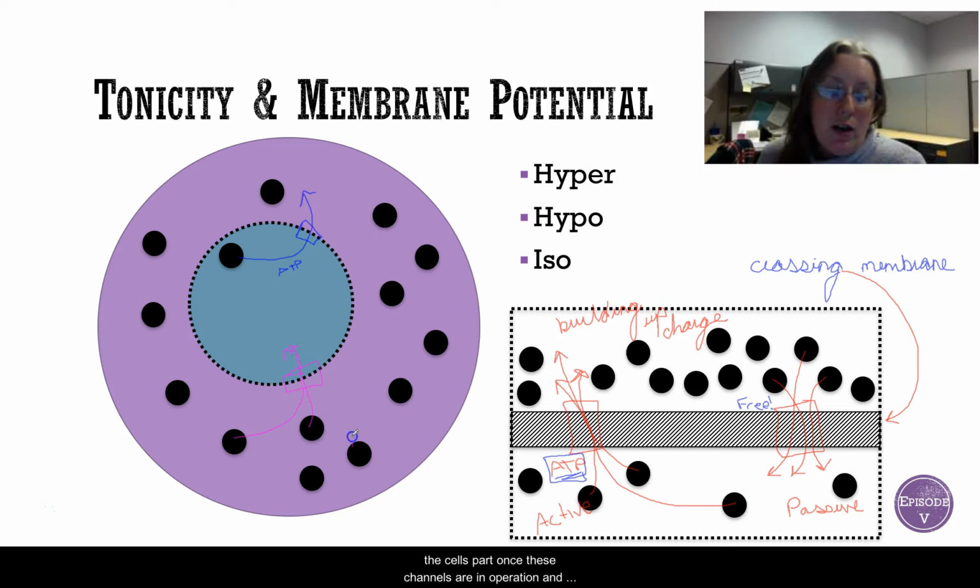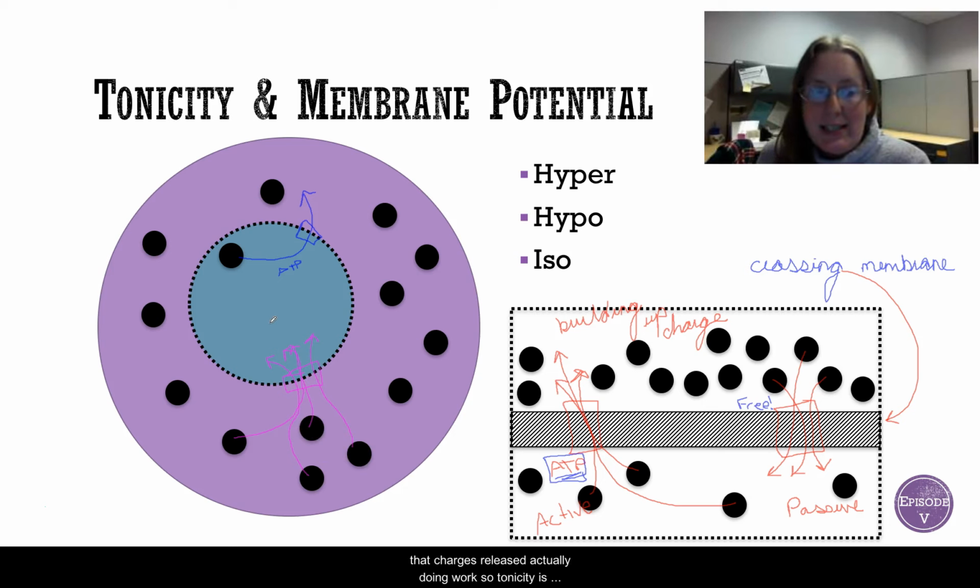Once these channels are in operation, they simply have to be maintained and replaced if they're damaged, but no energy is required in order for these solutes to move through. The result is a constant buildup of these solutes on opposite sides of the membrane. You're creating a battery where you have a charge building up using a bit of energy, and then elsewhere that charge is released, actually doing work.